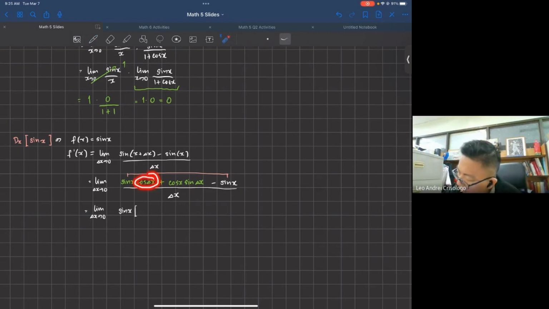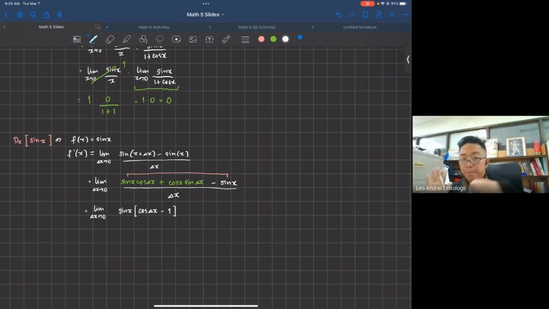Ito yung matitira, cosine delta x. Tapos, i-combine natin siya dito, so magiging minus 1. Plus, yung hindi natin ginalaw na term sa numerator, cosine x sine delta x. Then the entire thing is all over delta x.